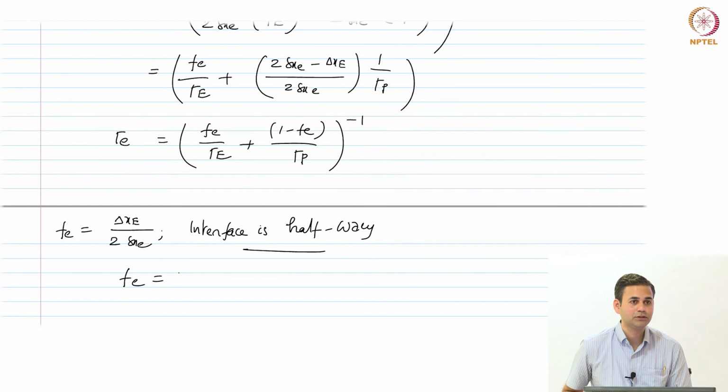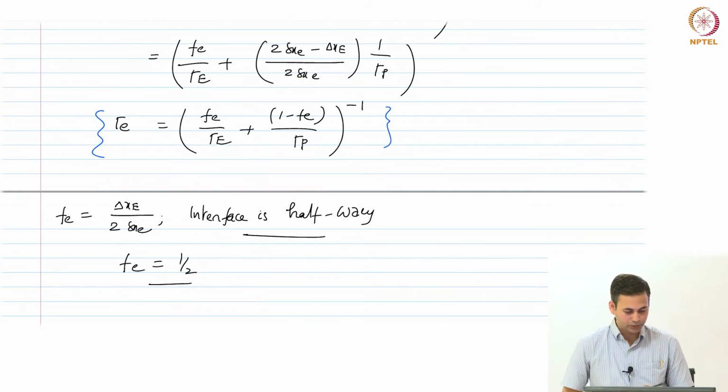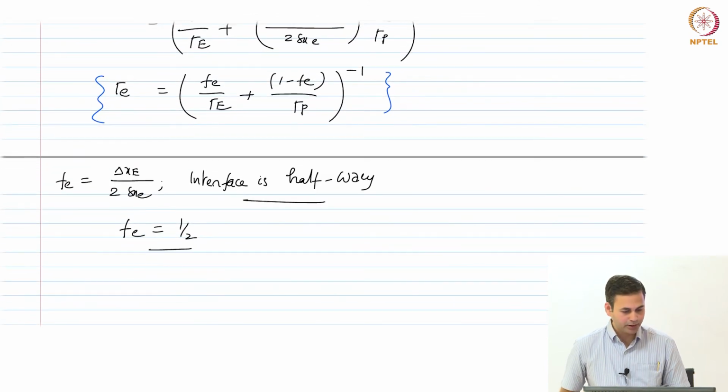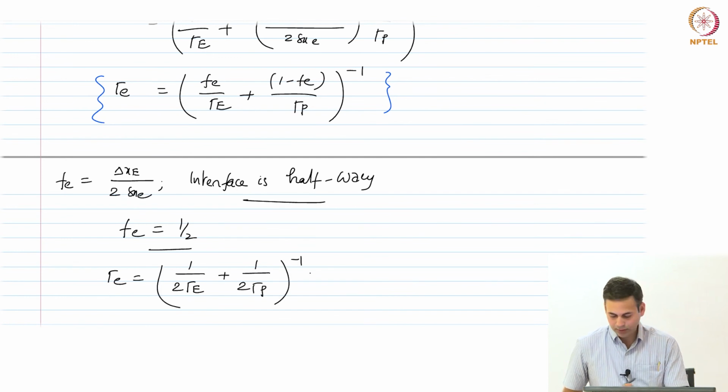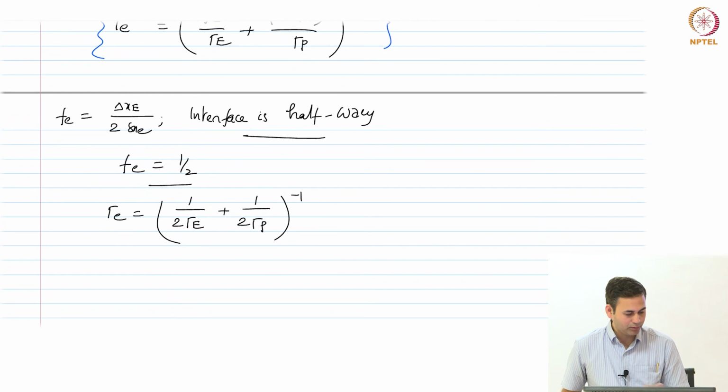FE equals 1/2, right. So can you plug in 1/2 into this expression for gamma E and calculate what is gamma E? So essentially that would be my gamma little east equals 1 by 2 gamma east plus 1 by 2 gamma P, to the minus 1, right.